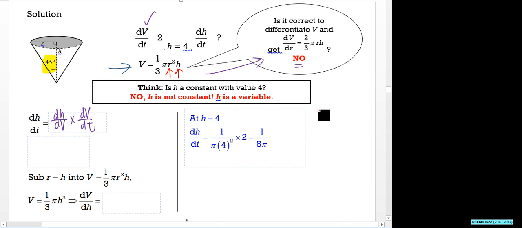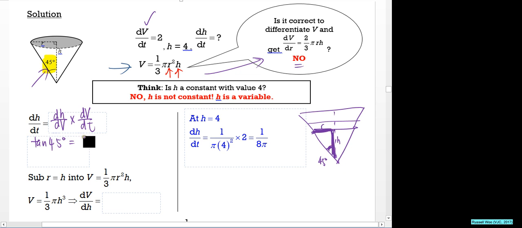We need to do this. That is the reason why 45 degrees is given. No matter at which level the water is, if this is 45 degrees, this is R, this is H, these two must always satisfy tangent 45 degrees equals opposite over adjacent, which is R over H. Does it make sense?